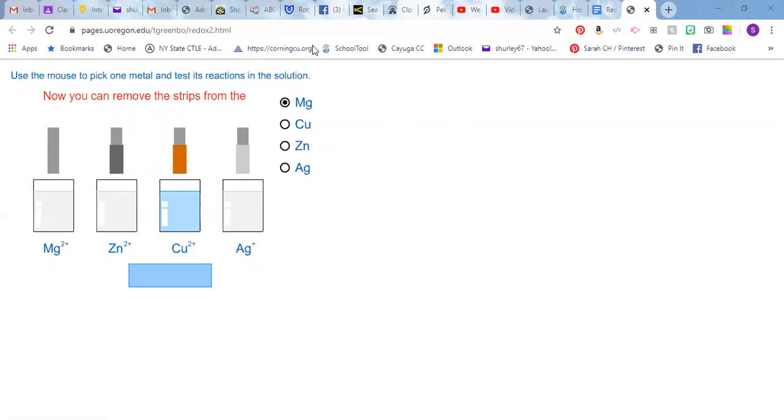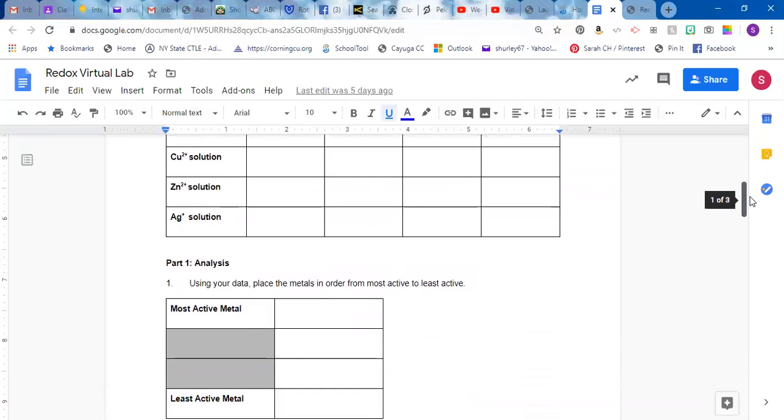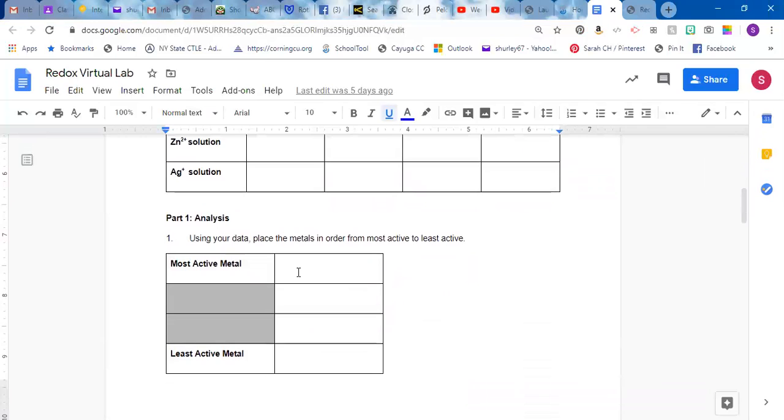Okay, so next thing you're going to do, let's go back to your lab. Based on what you wrote in your data table, you're going to organize your data for the most active metal and the least active metal. So you should see like one of the metals reacted the most and one of them didn't react very much.